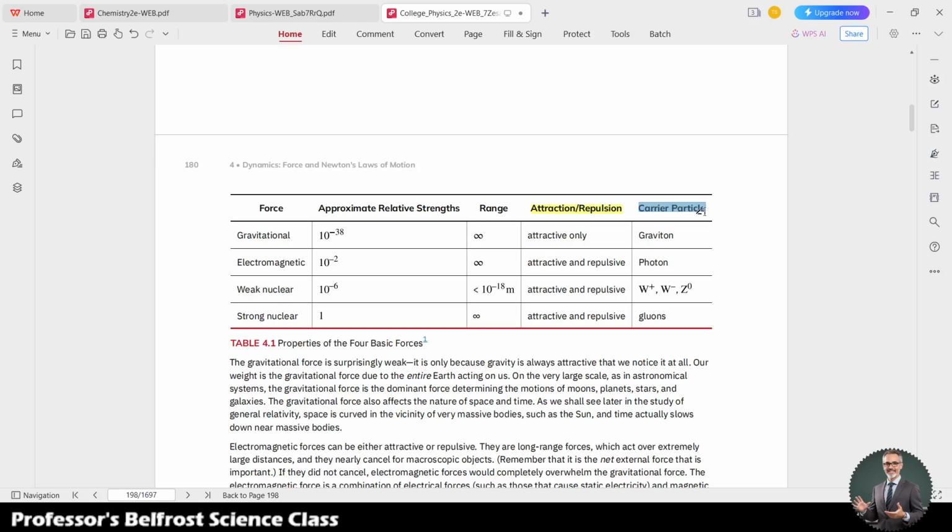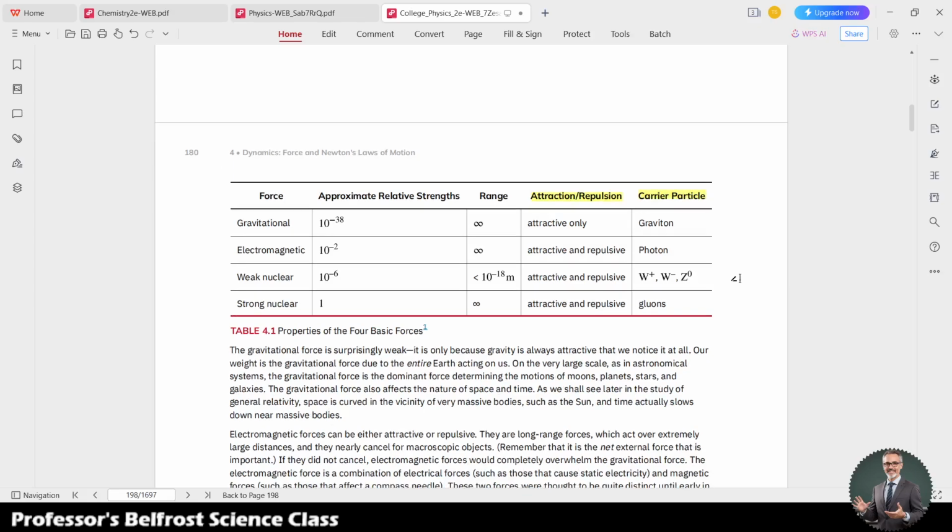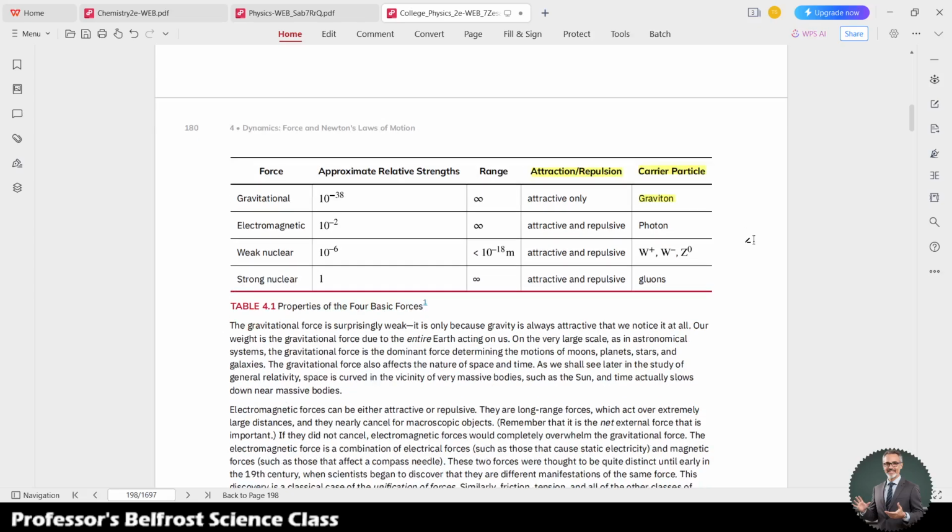Also, you can see the carrier particle that causes the forces to exist. Actually, the graviton has still not been discovered yet, but scientists speculate that there is a carrier particle that causes gravitational force.